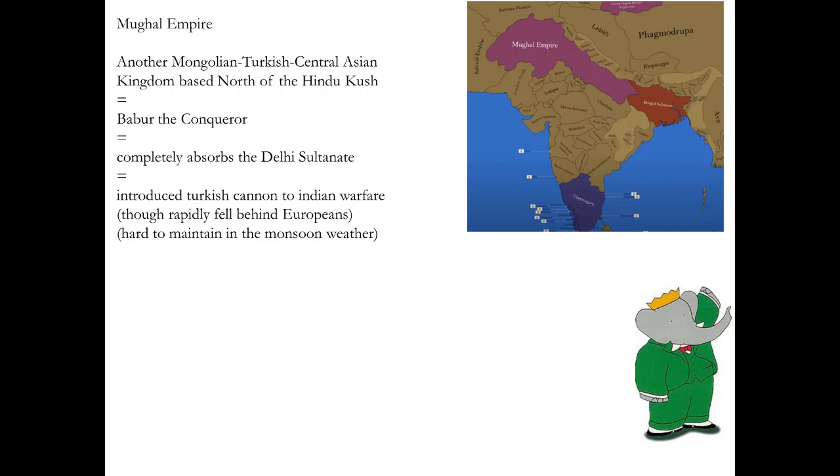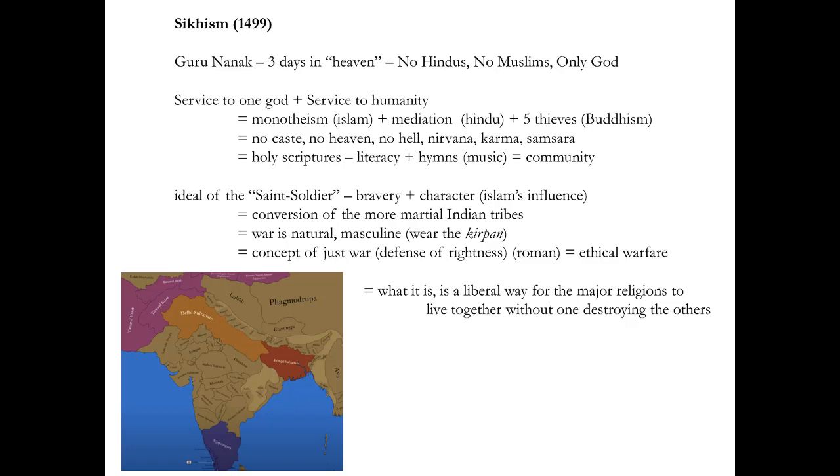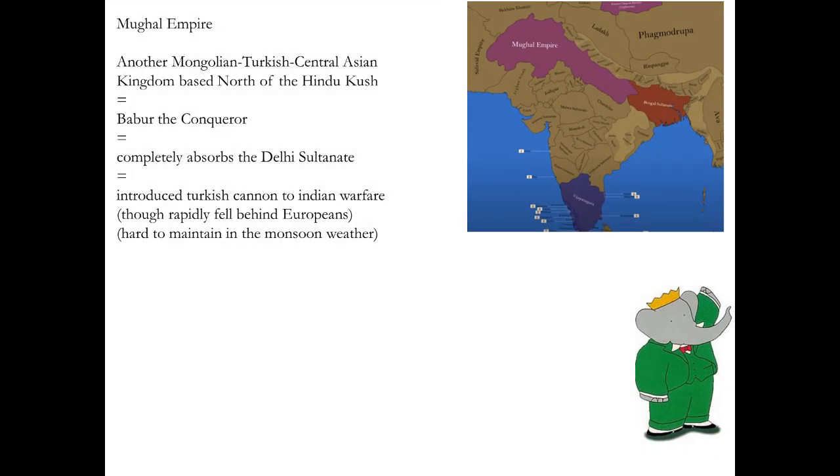And now we get Babur, where the elephant is named after Babur, the great conqueror, and he completely absorbs the Delhi Sultanate. If you go back, you'll see the Delhi Sultanate in the map on the lower left. If you're watching the video, that Delhi Sultanate is completely absorbed by the Mughal Empire.